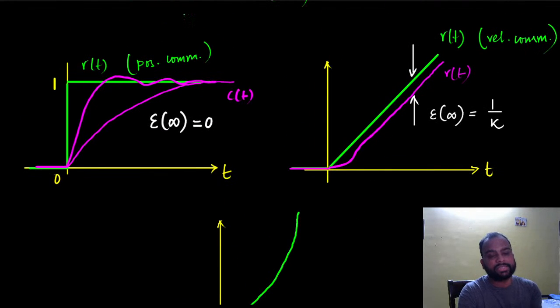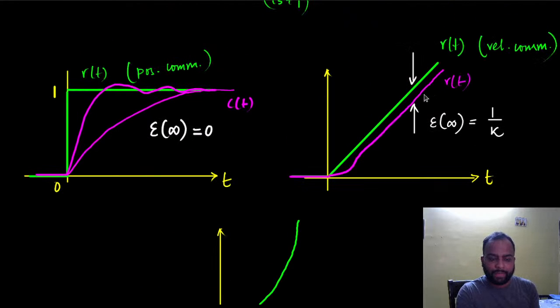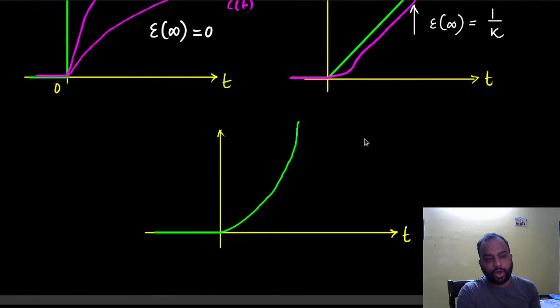This system could happily follow a step command, so a position command was properly followed. I wanted the system to reach a certain position, and it could reach it, but it could not follow a velocity command properly. It could follow it with a certain finite error. Of course, if I ask it to follow an acceleration, it would now fail miserably, right?